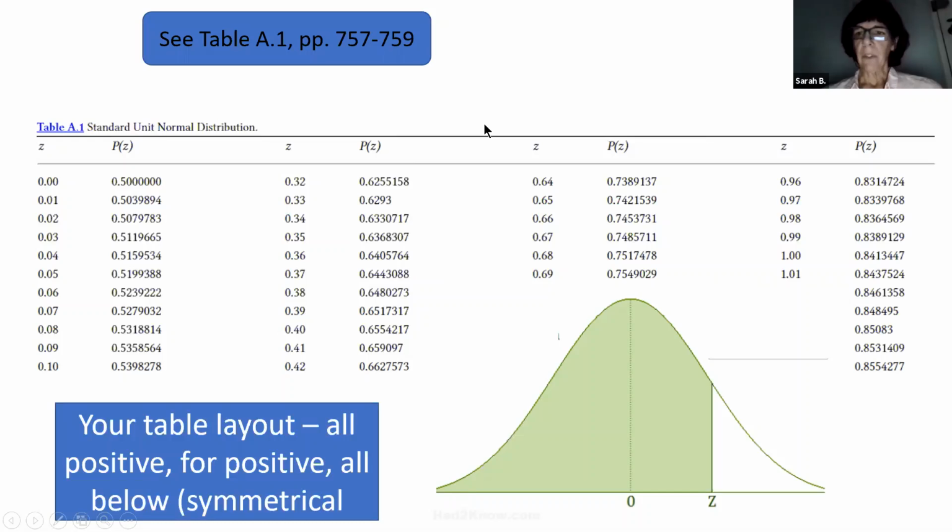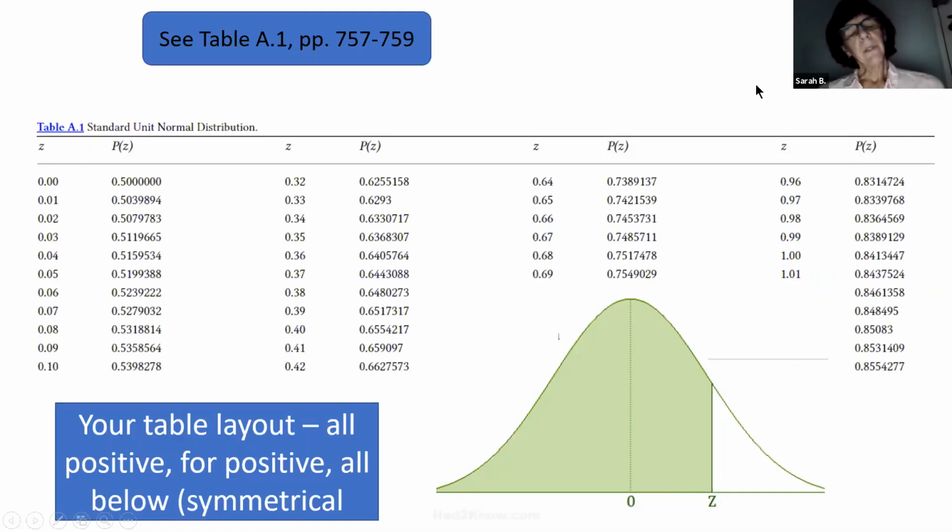And we could look through: a Z of 1 has 84%, and that's because you have the lower 50% below the mean, which is at the 50th percentile, plus an additional 34.13%, which you can look at in your Z tables. And that is the amount that lies between 0 and Z equals 1.